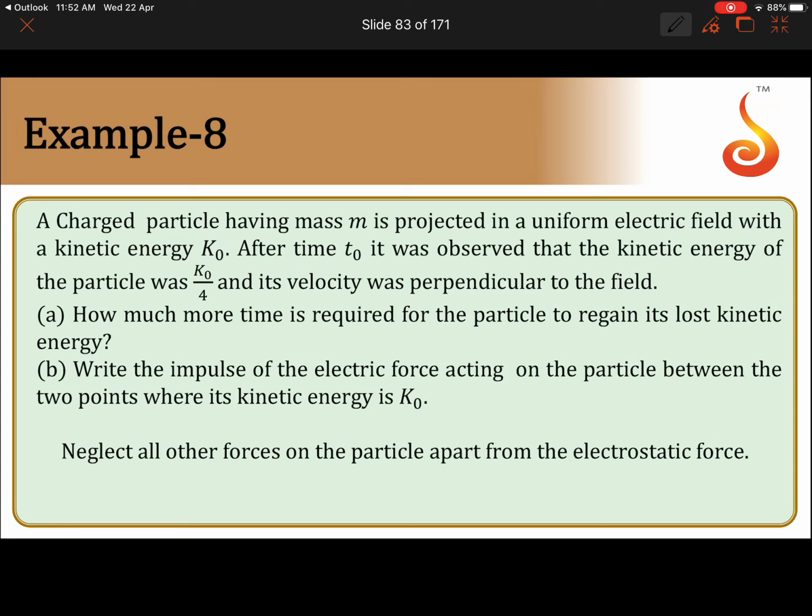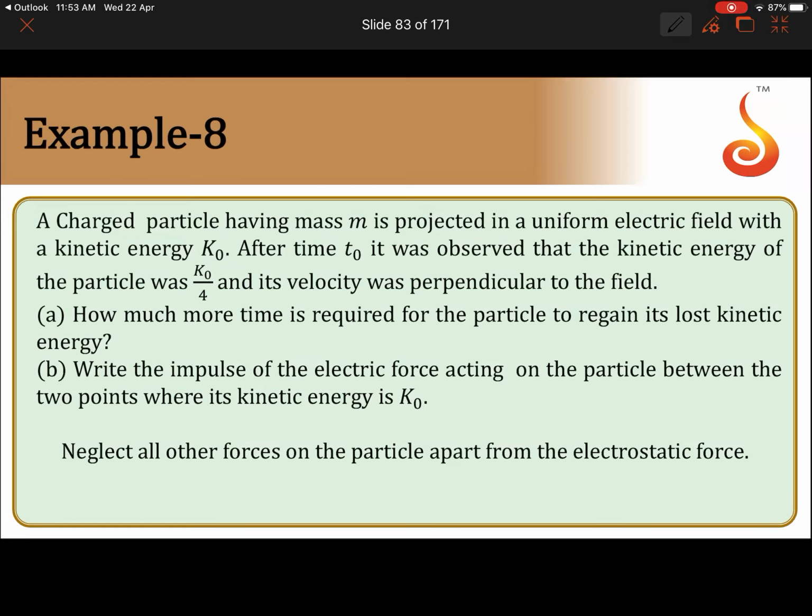So now come to this next question. Question is, a charged particle having mass m is projected in a uniform electric field with a kinetic energy k naught. After time t naught, it was observed that the kinetic energy of the particle was k naught by 4 and its velocity was perpendicular to the field.